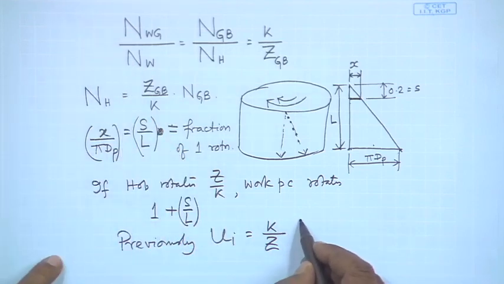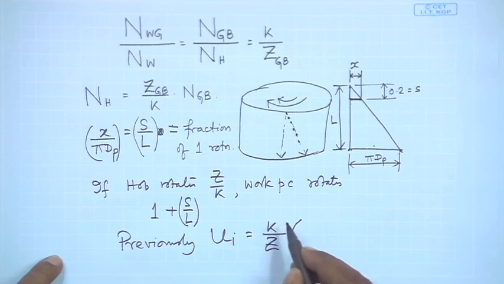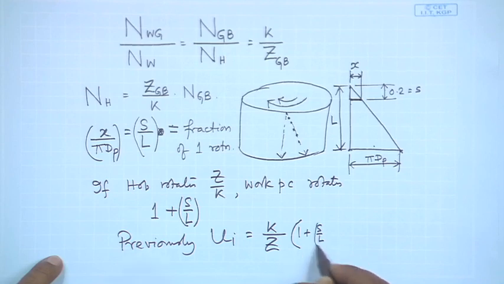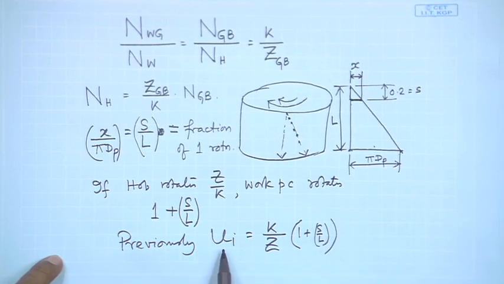Now, there is an extra rotation added because the output is not 1, but 1 plus S by L. UI is equal to output rotation, which means gear blank rotation by hob rotation, and gear blank rotation is not 1 anymore, it is 1 plus S by L. Previously, we were putting 1.